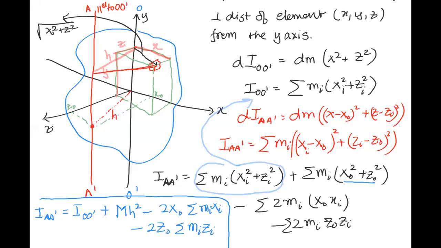Because if the last two terms disappeared, I would end up with a very simple and nice equation: the moment of inertia about the axis AA dash is equal to the moment of inertia of the object about the axis OO dash plus m h square, where h is the distance between the two axes. Now, can you think of a condition where the last two terms would become zero?